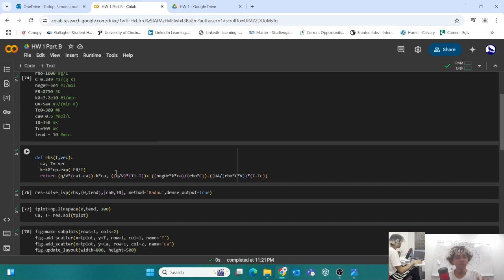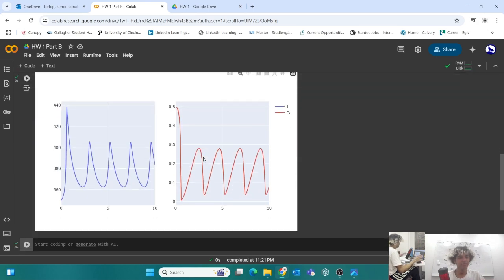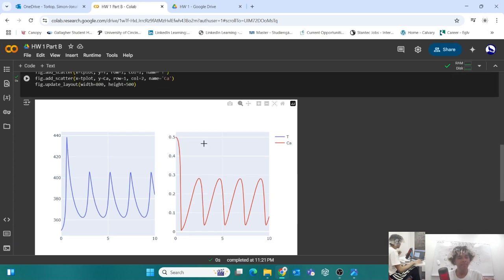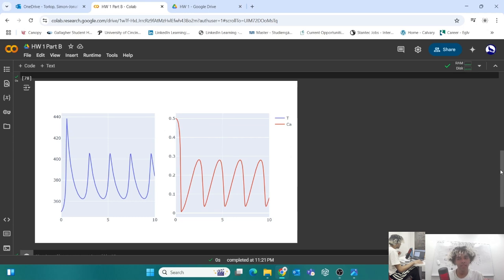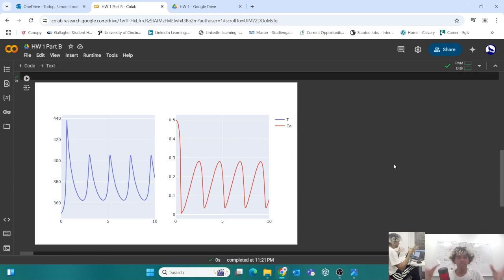So, but yes, that is generally the concentration and temperature profiles based off of that time, with them being time dependent. And that's generally how they relate together. So, yes.